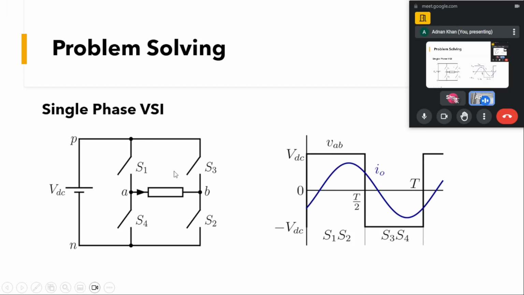However, we know that whatever current flows through this load will be dependent on the load.